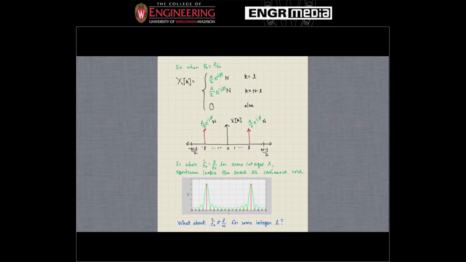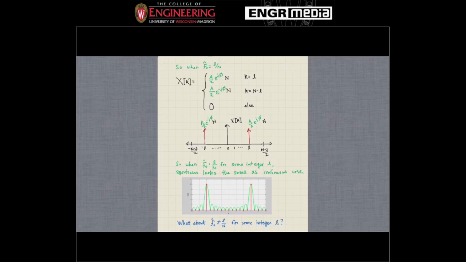Provided f naught hat is equal to L divided by capital N, where L is some integer, then I can write the DFT of x as follows. It takes on two non-zero values.